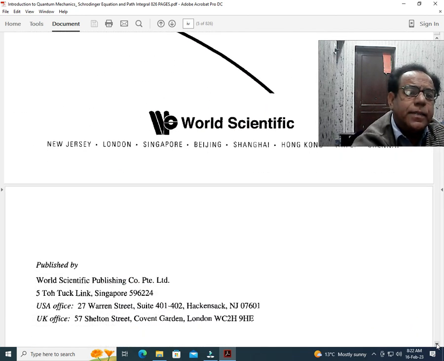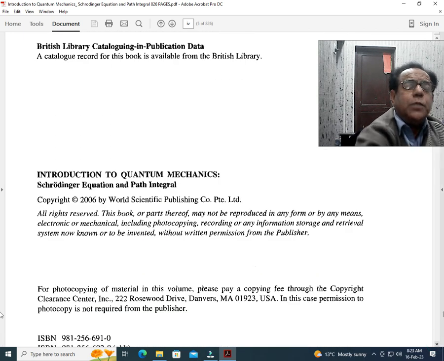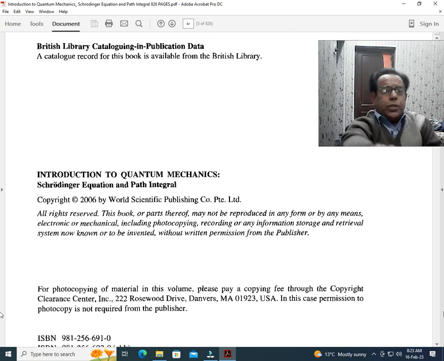World Scientific is its publisher. This book was published in the year 2006.